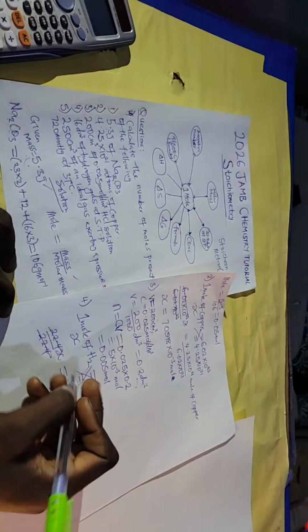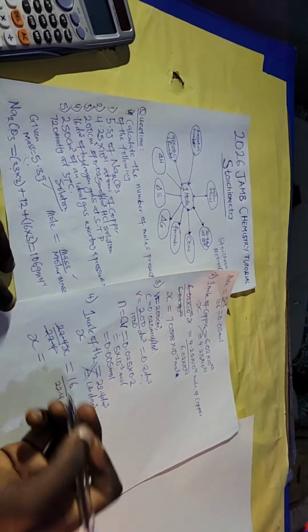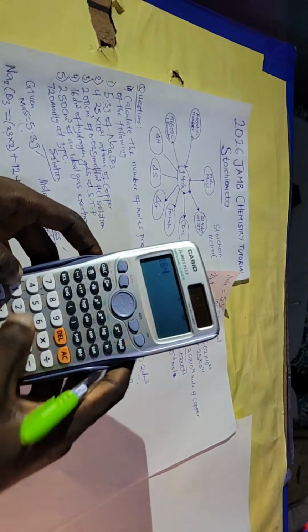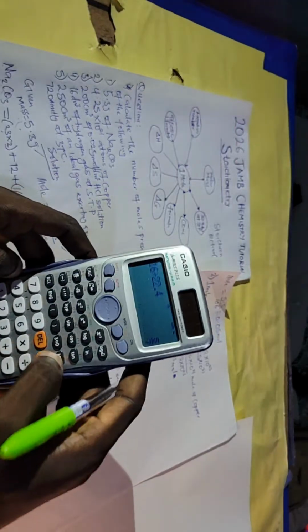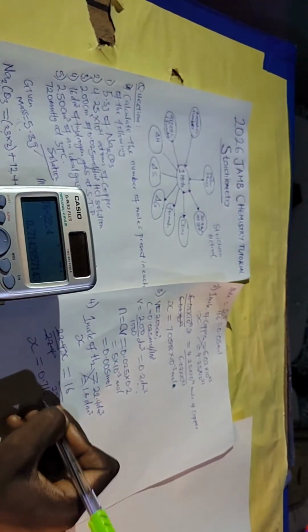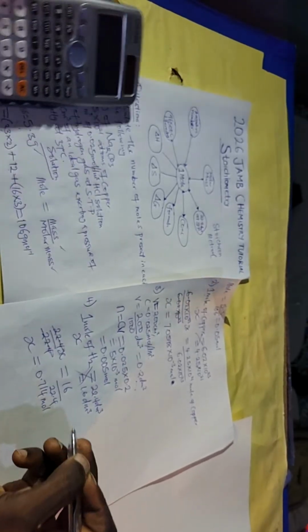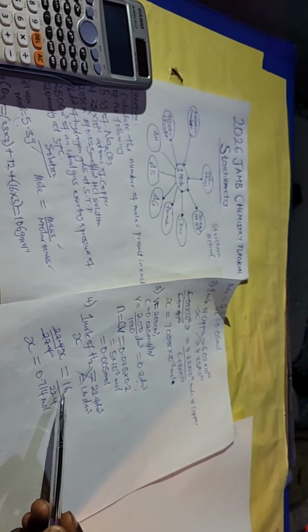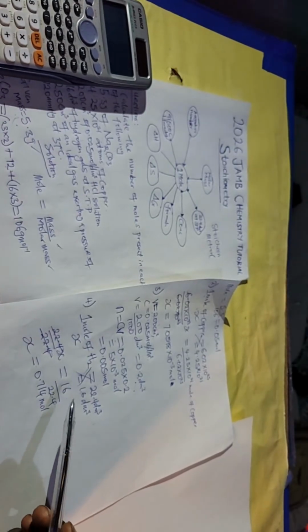So this will cancel this. x now equals 16 divided by 22.4. So this gives us 0.714 mole. So that is for question number 4.